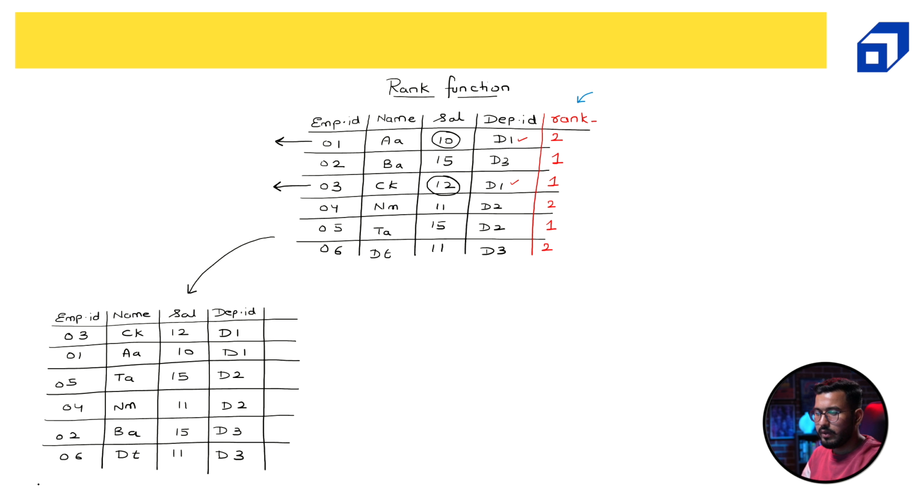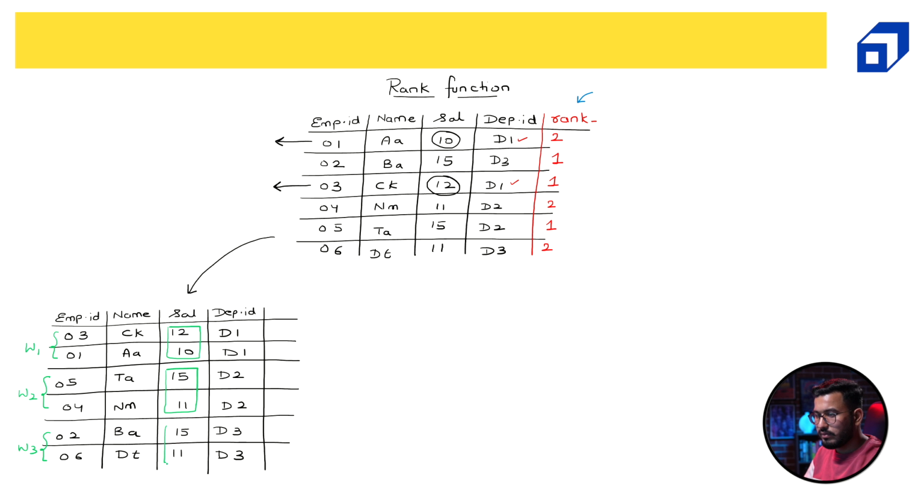Now here carefully observe what we have done. Within each department or within each window, so this is my window number 1, window 2, window 3, I have ordered my data according to the salary column in descending order. If you closely observe these two values, you will understand what we have done.